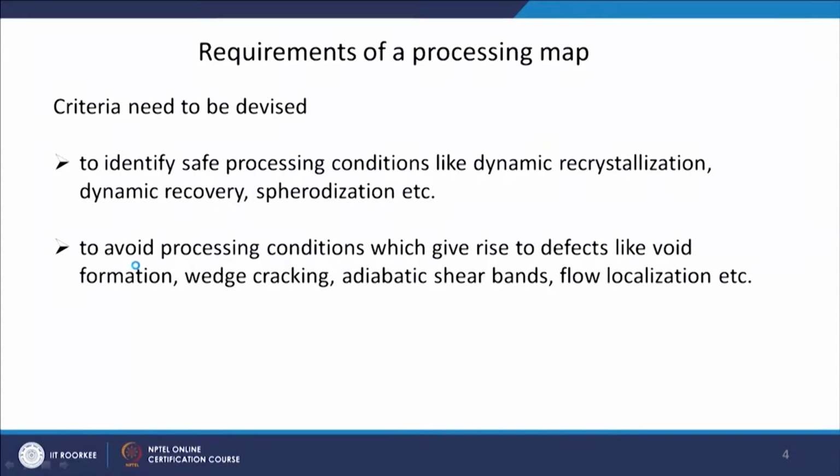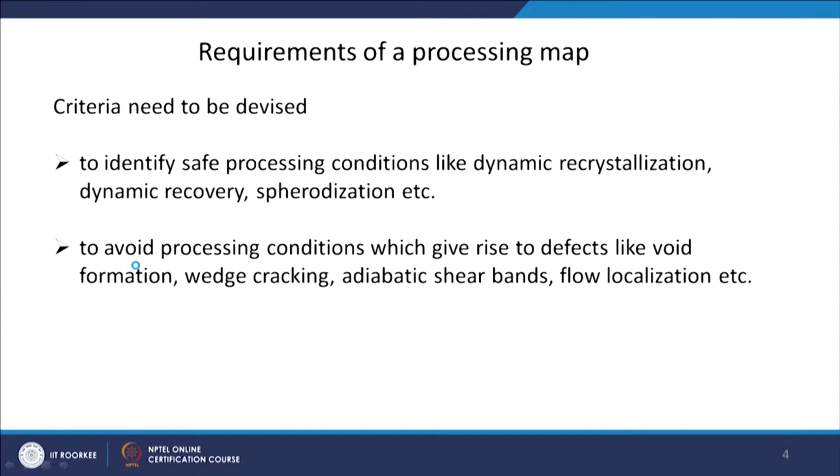So, we are using the continuum principle, not worried about what atomic processes are taking place, and coming up with a macroscopic model. Now, for a processing map, what should be the requirements? The processing map or the model which we are proposing should have some criteria which identify safe processing conditions.